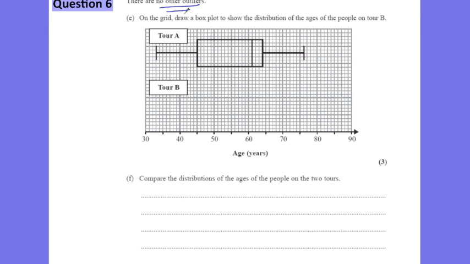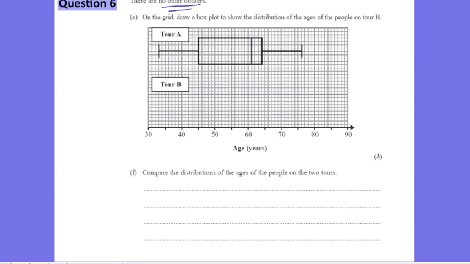And we're then asked to plot the information here in a box plot so that we can compare the distributions of ages with tour A. So taking our rulers out, we need to identify the key points on our box plot. The lowest age is 32. So we have a value here for 32.